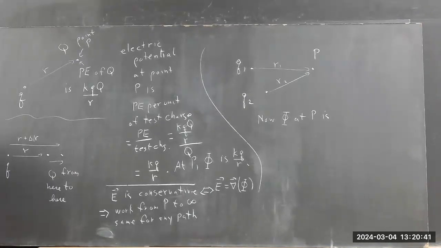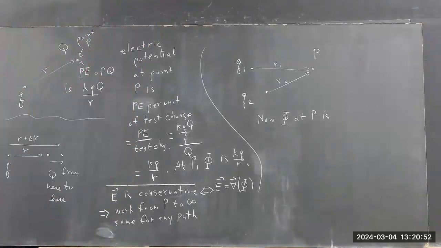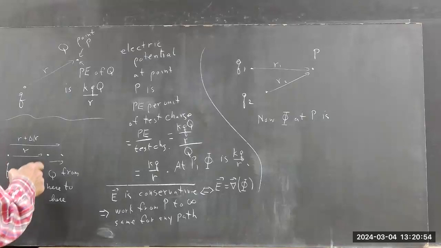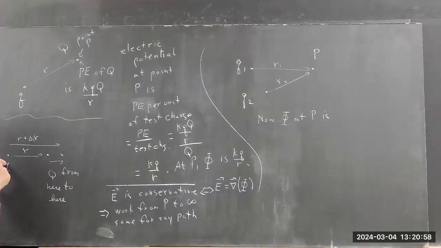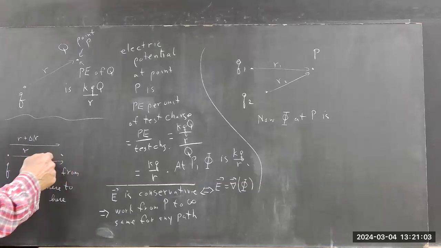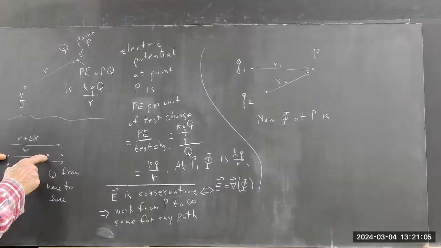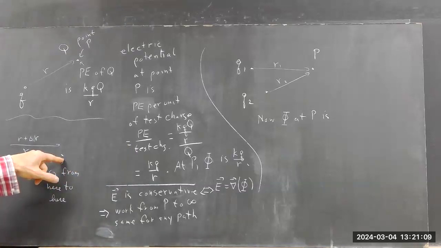Again, I think we did have the camera on. We made the analogy with lifting the block and releasing it. If this point is closer to a positive charge, then when you move closer you increase potential energy, because when you release it, the repulsive force pushes the charge away and you get kinetic energy.